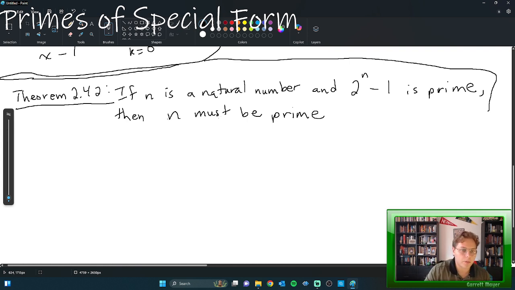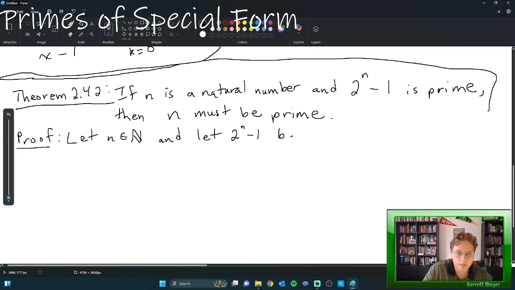So for our proof, we're going to start by letting n be a natural number and let 2 to the n minus 1 be a prime. So this is a Mersenne prime.